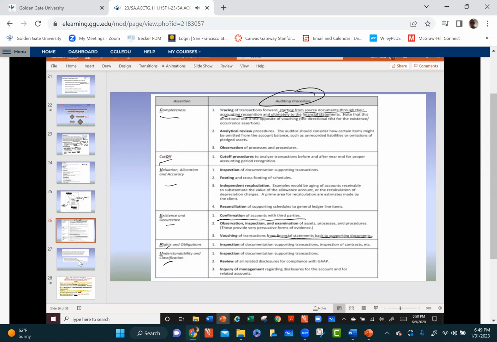Okay. Now we look at valuation. Valuation, the best way to look at valuation is to recalculate. Recalculate is for valuation. Okay. So what happens? If Burns checks off that he owes $10 million, does that mean that the account receivable is properly stated? That it's valued correctly?